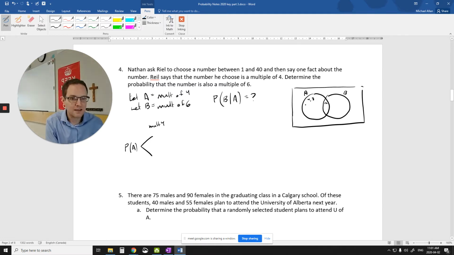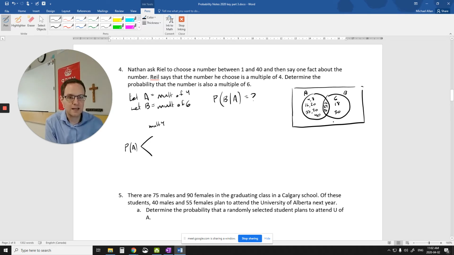Then I got 16, 20, and then 24, which is also a multiple of 6. Then I have 28, then 30, and then 36, which is also a multiple of 6. And then I have 40. Over here on the multiples of 6 side, the numbers I don't have right now are 6, 18, and 30. And then I have some numbers on the outside here, like 1, 2, 3, etc.